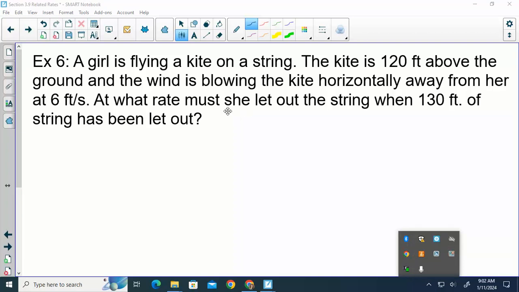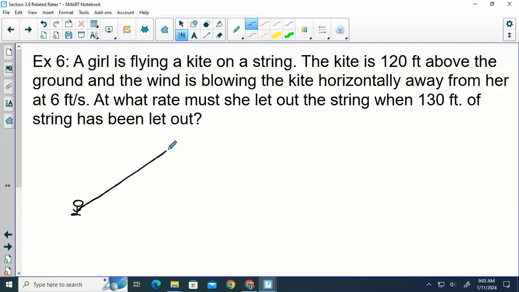So we have a girl flying a kite on a string. The kite and string look like that. The kite is 120 feet above the ground, and the wind is blowing it horizontally away from her at 6 feet per second.